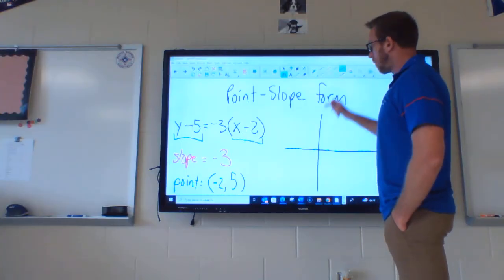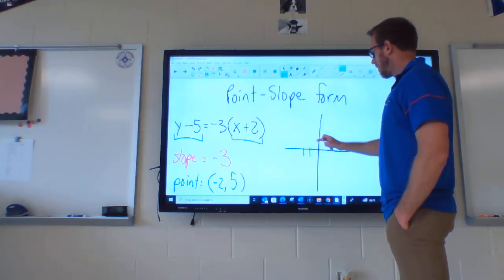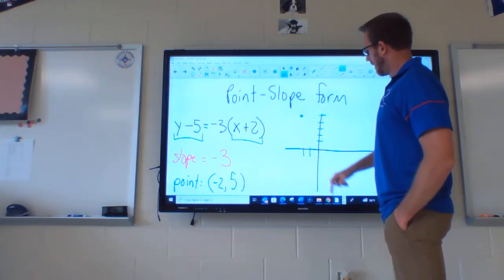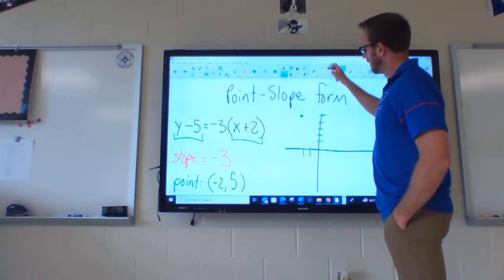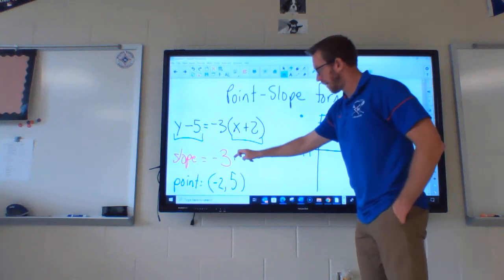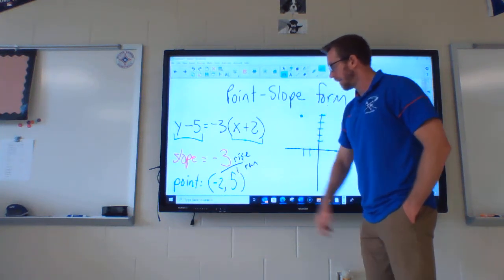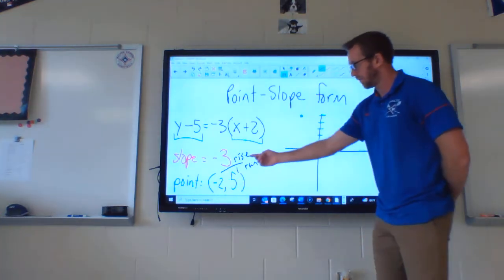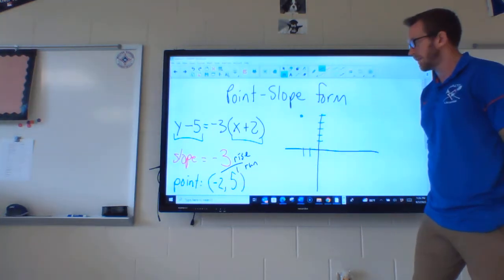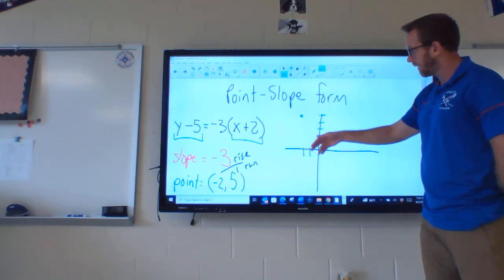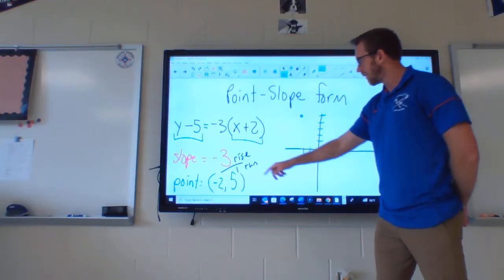So now that I have my point, negative 2, comma, 1, 2, 3, 4, 5, I'm going to plot that point, and then I'm going to use rise over run. And since I have a denominator of 1, right, I don't list divided by 1, but technically it's negative 3 over 1. Okay, it's a rise down 3, because it's a negative, and then over 1.